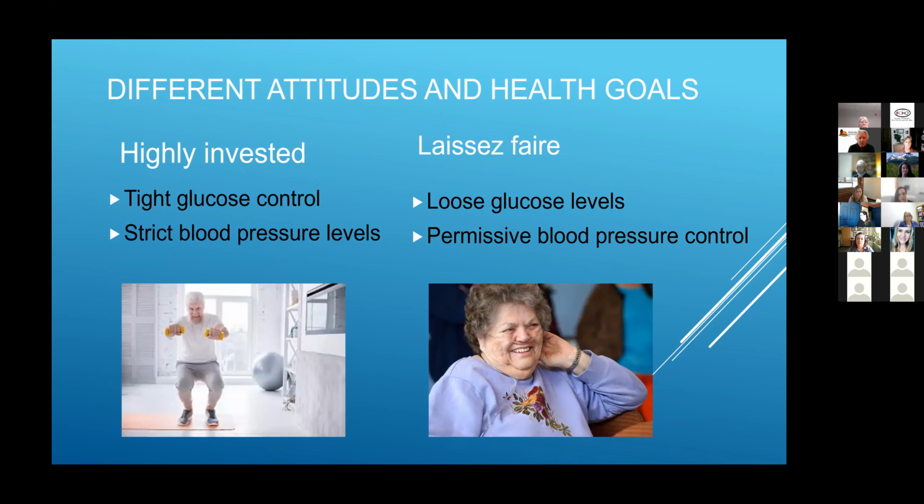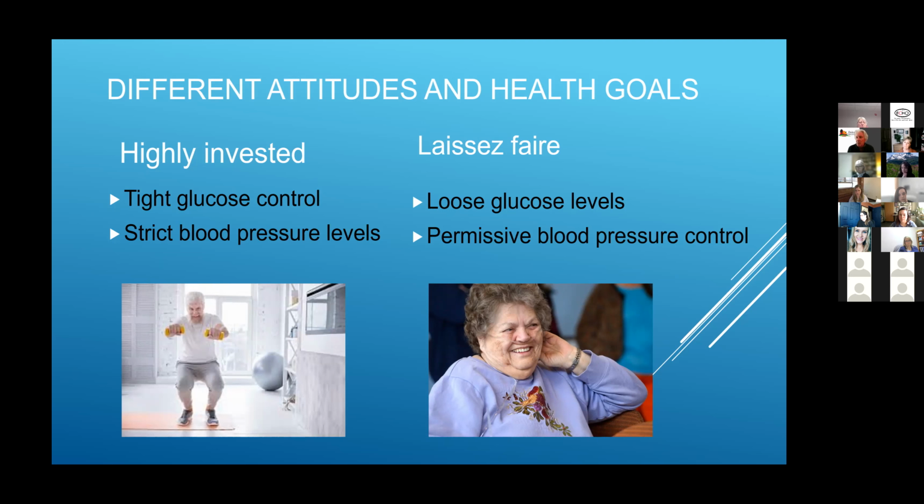And we have to recognize, again, patient-centered care, resident-centered care, older adult-centered care, however you want to word it, that there are individuals that are highly invested. They want, for instance, tight glucose control. The SPRINT study tells us that we should have strict blood pressure control if you're highly functional.